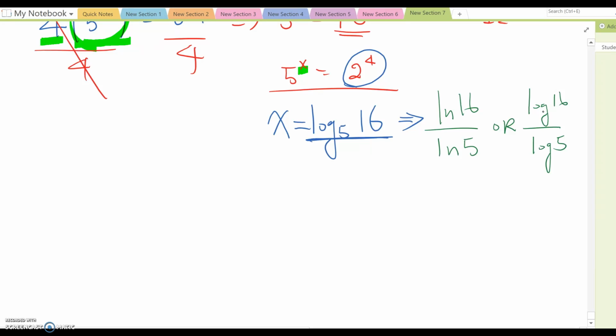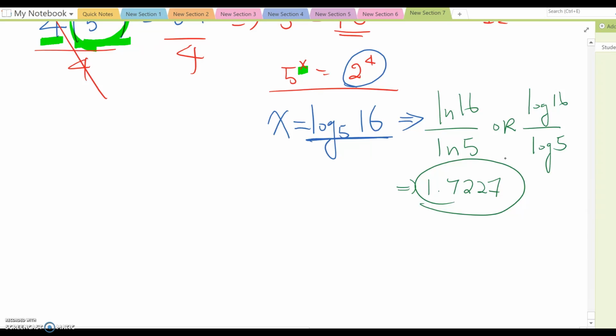If you calculate this value, then you will get 1.7227. That will be the answer for this problem.